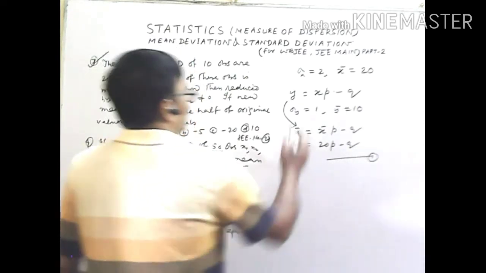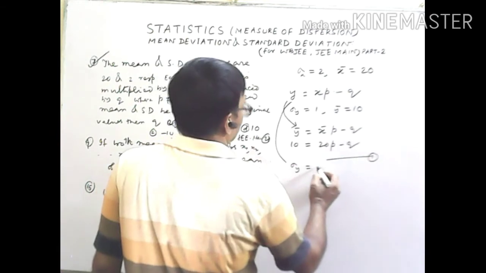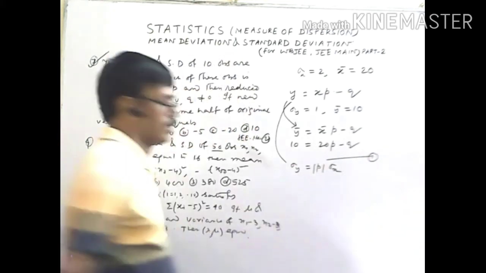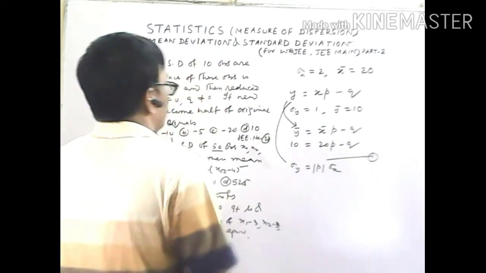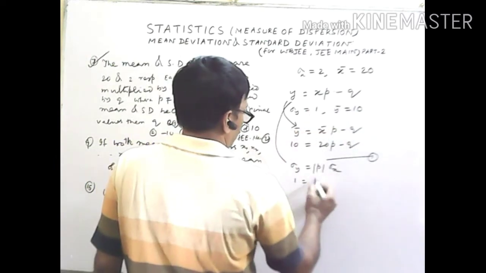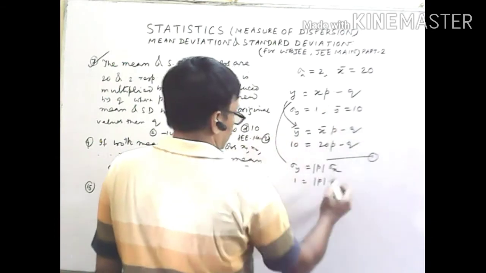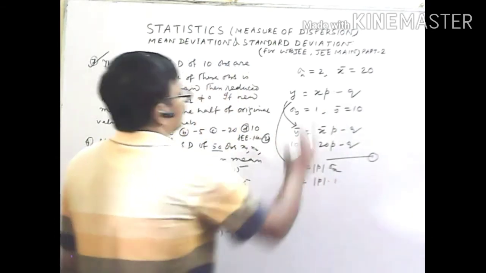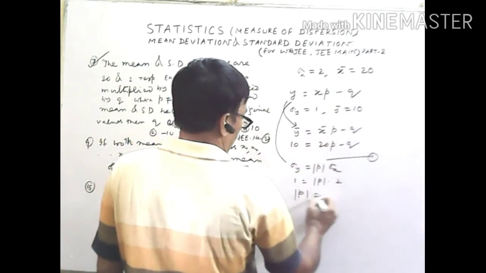Now, from this relation, we can write sigma y equals mod p into sigma x. So sigma y is 1, mod p and sigma x. Sigma is always positive. Sigma x is 2, so mod p equals half.